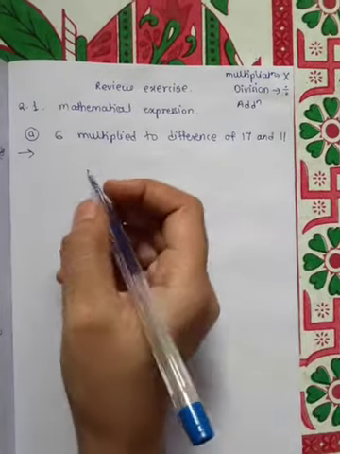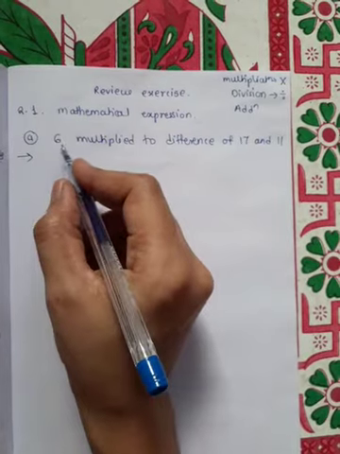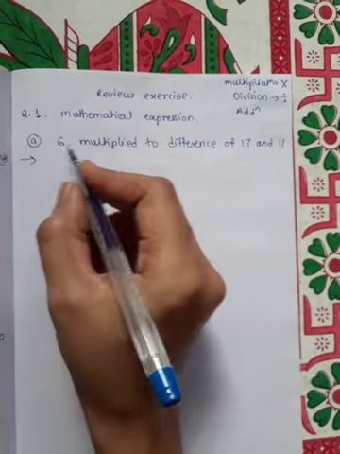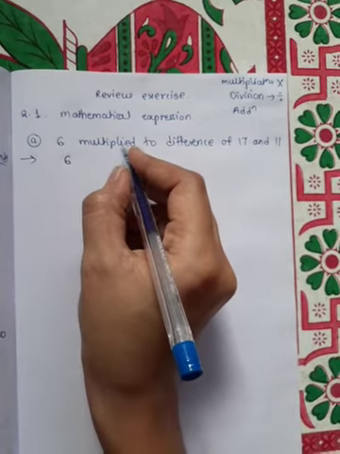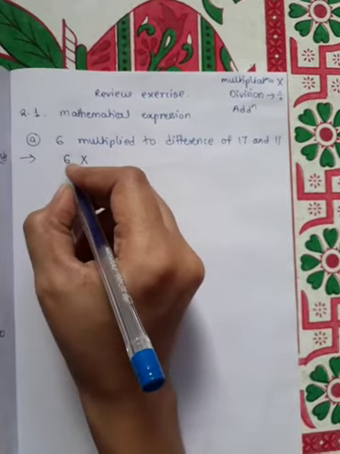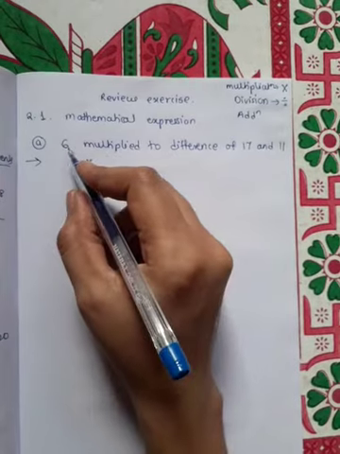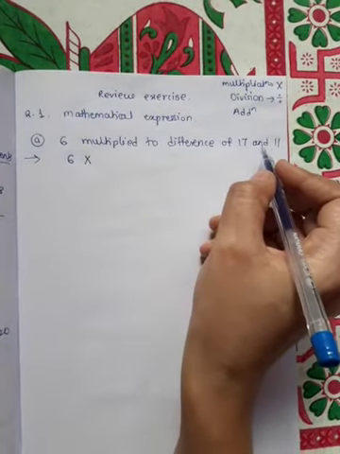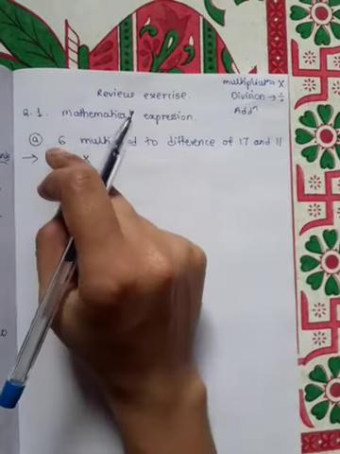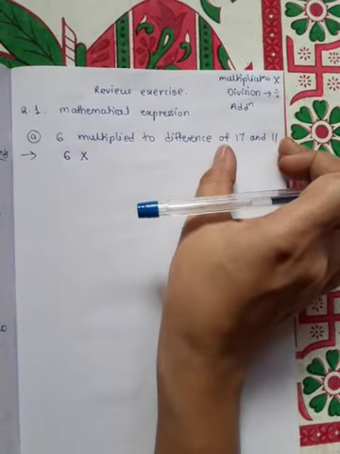Now see, here 6 is multiplied, so we have to multiply 6 to the difference of 17 and 11.